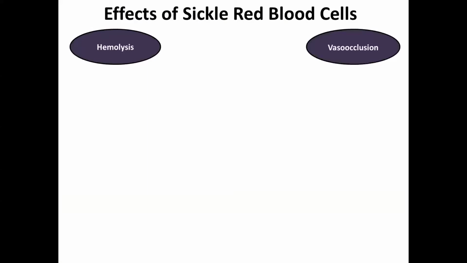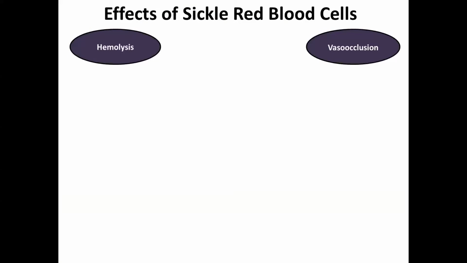Now, all of the problems of sickle cell disease ultimately are the consequence of the abnormal red blood cells. So we have the hemolysis, the shortened red cell survival, and then we have these issues of vaso-occlusion and blockage of blood flow. Actually, sickle cell disease, I like to think of as being, in one sense, pretty simple.